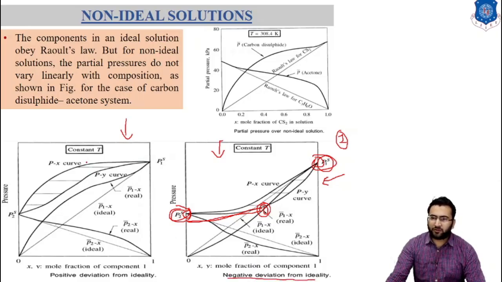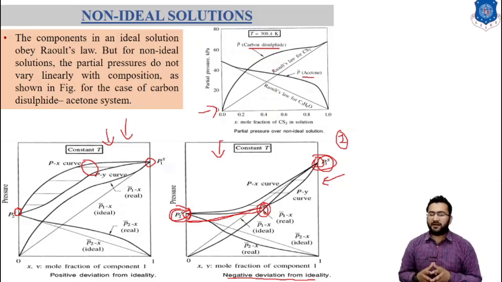Where the solution pressure is higher compared to both components P1 and P2, we can say that it exhibits positive deviation from ideality. For example, a carbon disulfide and acetone mixture exhibits this deviation. So this is all about the non-ideal solution.